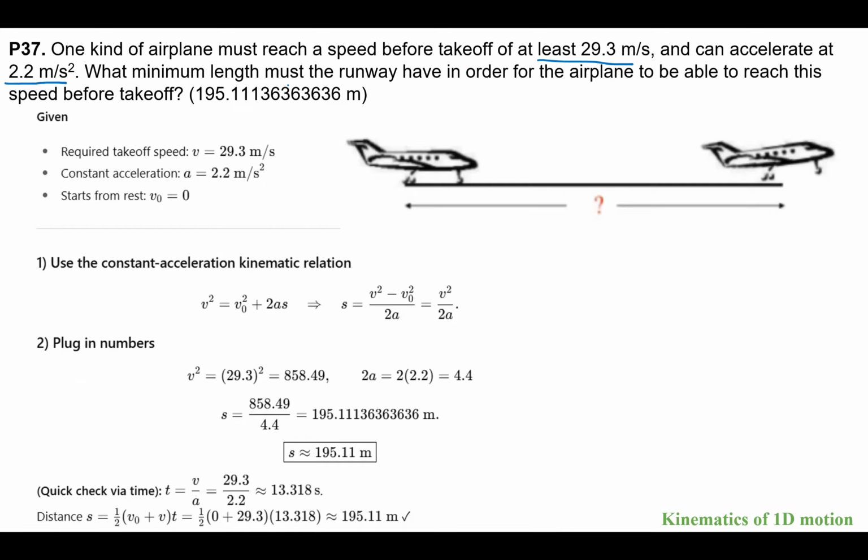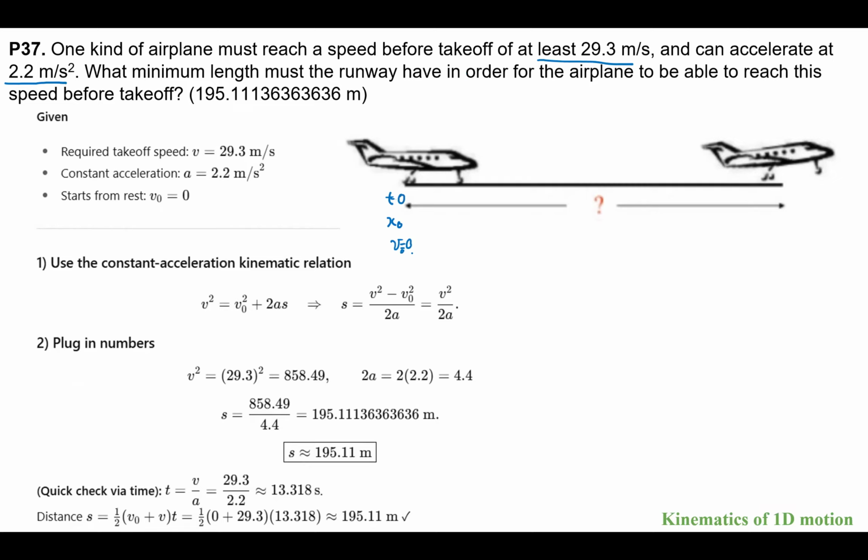What minimum length must the runway have for the airplane to be able to reach this speed before takeoff? It starts from, let's say, t equal to 0, with x0 and v equal to 0 initially.